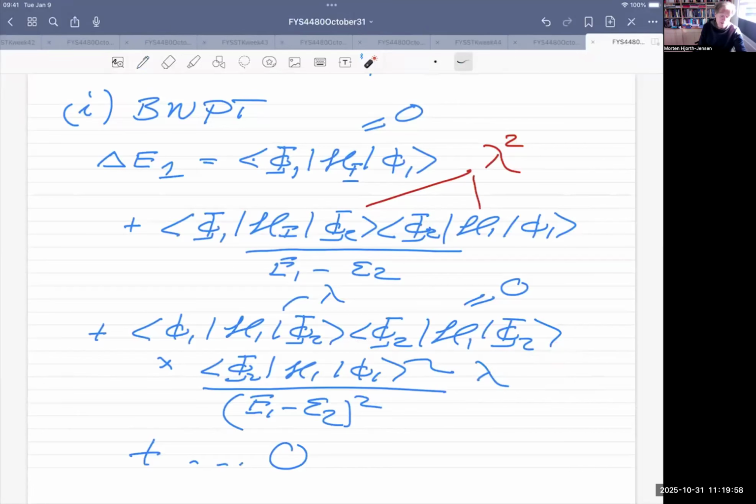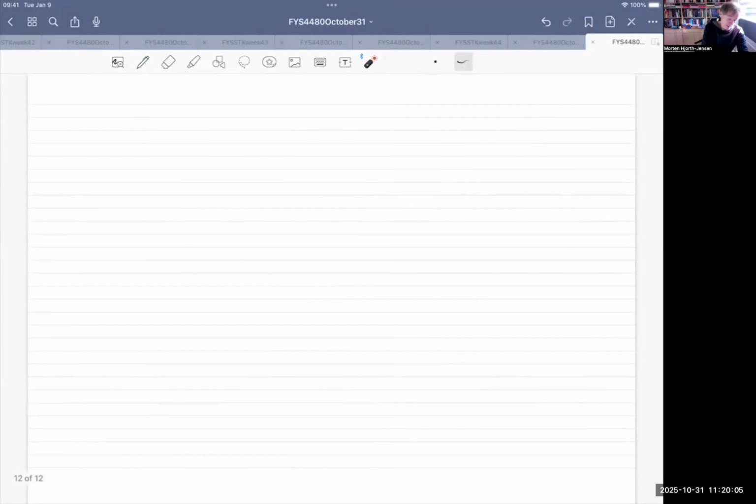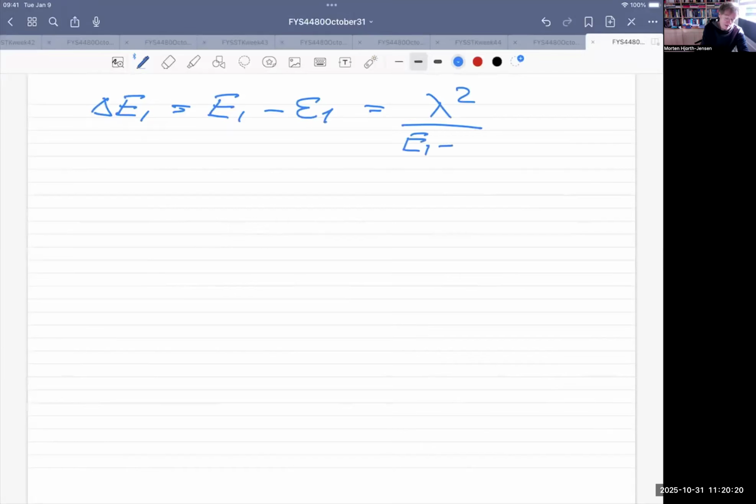So that means that the final energy which we get when we do Brillouin-Wigner perturbation theory is simply going to be given by delta E1, which is the same as E1 minus the non-interacting energy. And this is given by lambda squared over E1 minus epsilon 2. And it shouldn't come as a surprise now when we multiply on both sides with E1 minus epsilon 2 and subtract lambda squared.